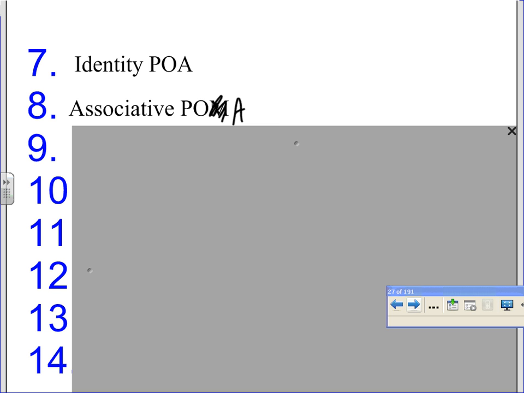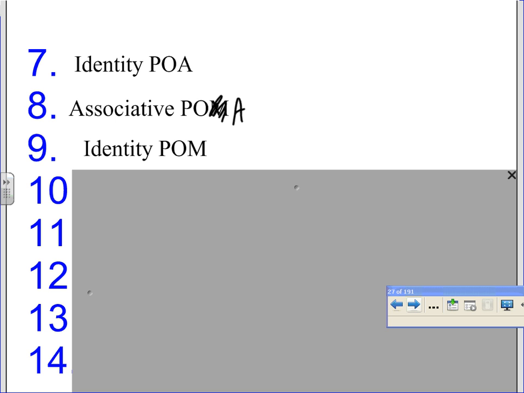Okay, you're right. 2 times x is multiplication, but the way they are grouped, you're adding them. I can see where you guys got the multiplication, but it should be POA because the way they're grouped is with adding, not with multiplication. If they were grouped and multiplication was between the groupings, then you would put POM. It should be POA. Yes, you're exactly right, Zach. It's how they're grouped, okay?